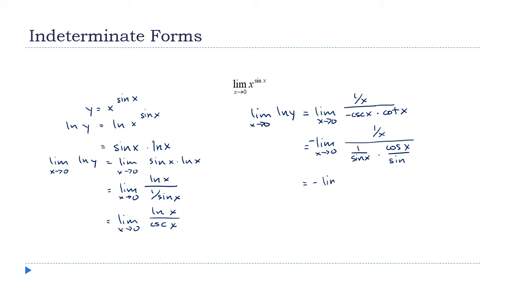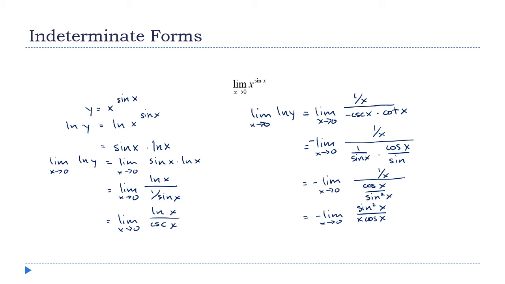This is negative limit as x approaches 0 of 1 over x over cosine x over sine squared x. All right, and that is negative limit as x approaches 0 of sine squared x over x cosine of x.